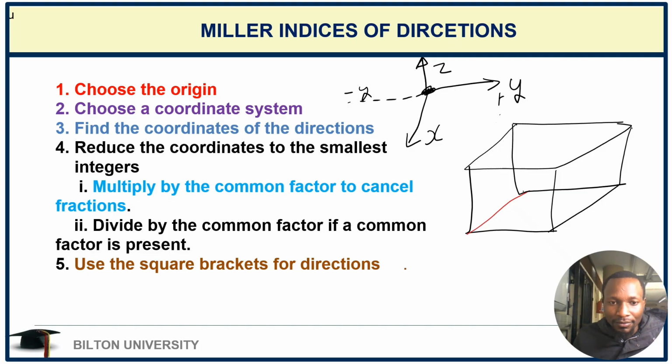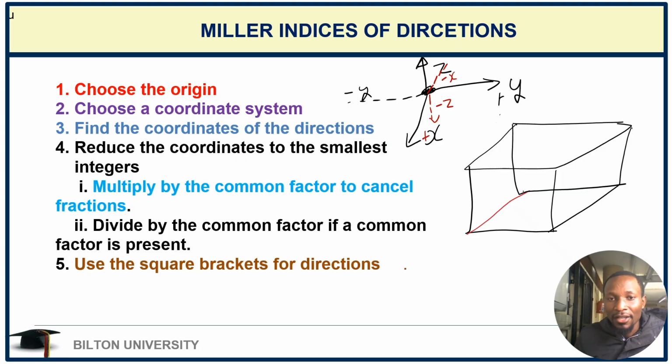Everything coming towards me is positive x, and everything that goes away on the other side of x is going to be minus x. If it goes upwards in the positive z direction, then whatever comes below is going to be minus z.